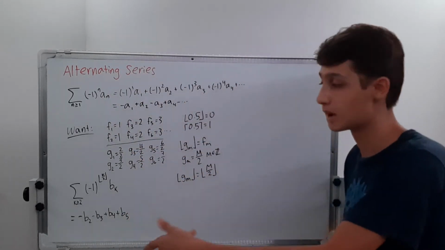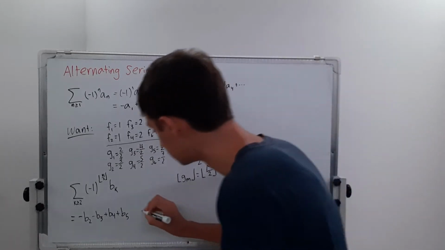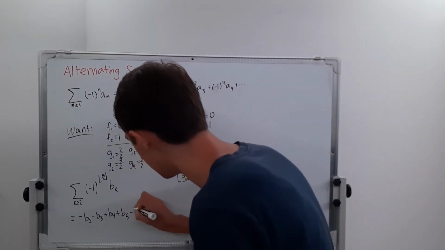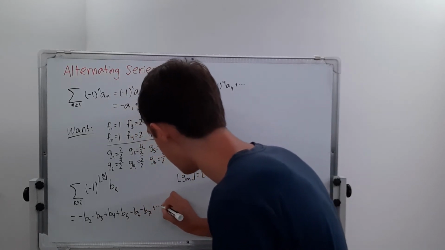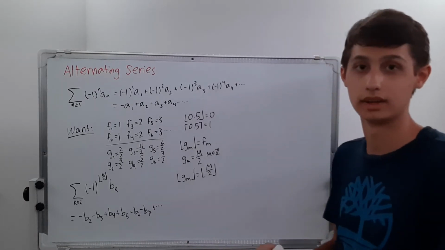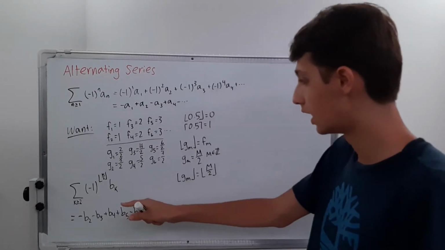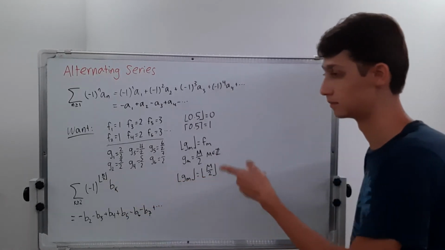And you can see that the pattern is going to continue as we go down the list towards infinity. The next one is going to be a minus b sub 6, minus b sub 7, and then we're going to add b8, b9, and basically that's the pattern we're going to get. So that is specifically if we have the value of 2.